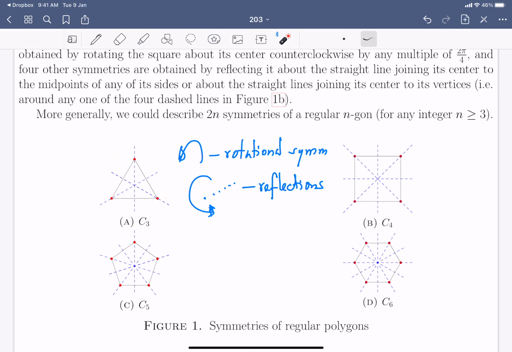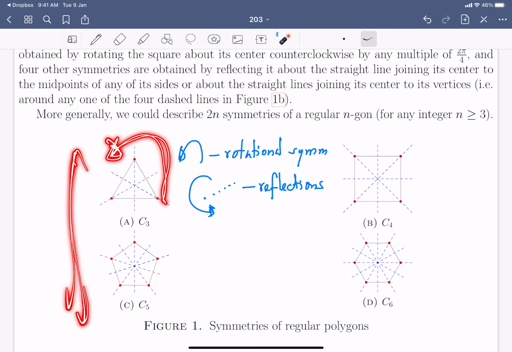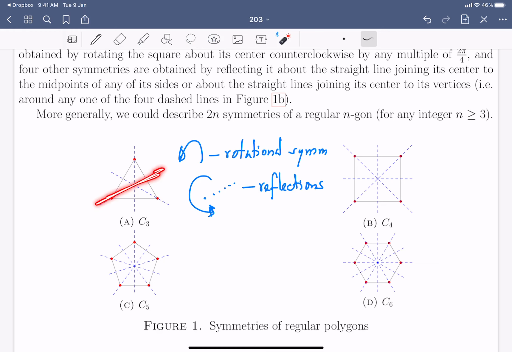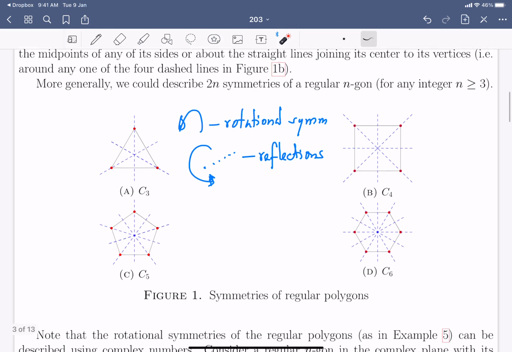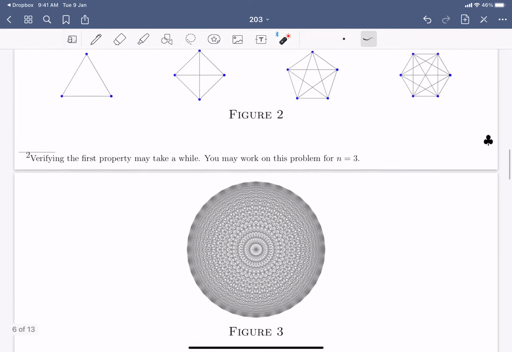So whatever symmetry you are able to think of, in the specific examples you see that there are ways to undo that symmetry. Here, if you flip this pentagon about this axis, then you can flip it once more about this axis to get back to where you started. So anything should have an inverse.